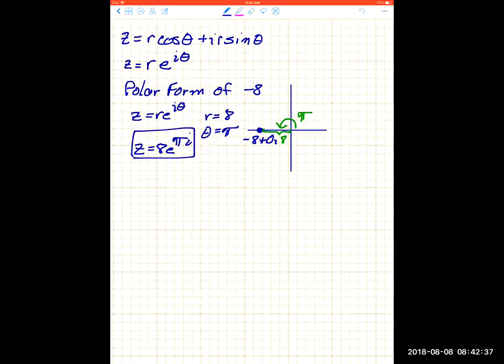Let's try one that's a bit more complicated. Let's try doing the same thing with the complex number z equals -3 minus 5i. All right, so we think about where that is on the complex plane. It's got a real part of -3 and an imaginary part of -5, so it'll be right down here.